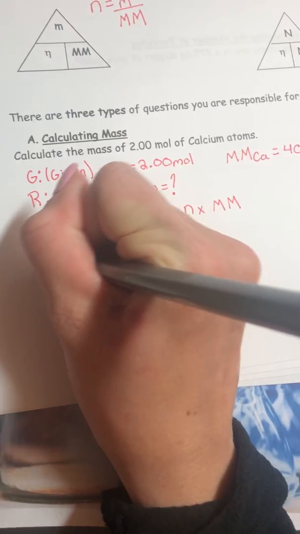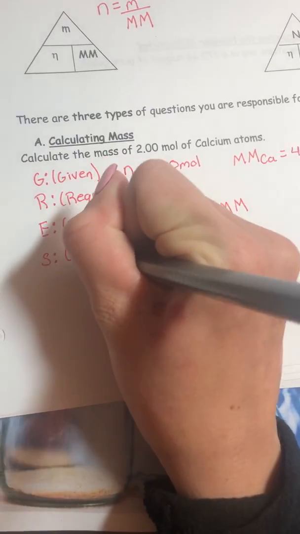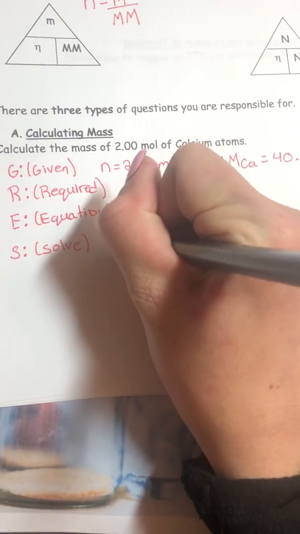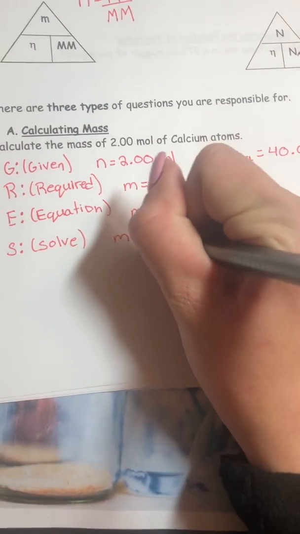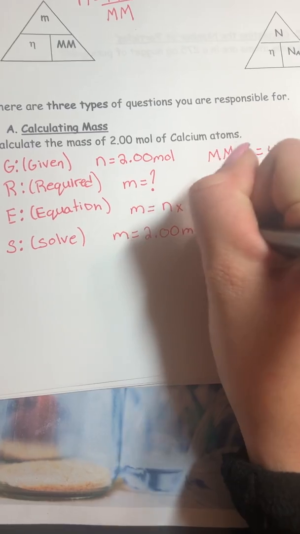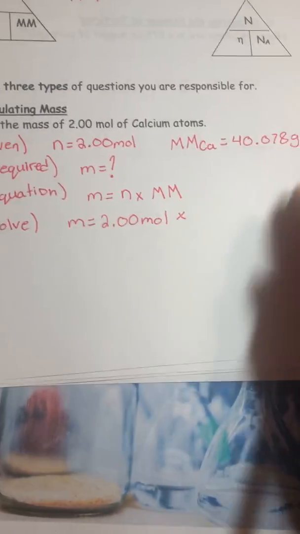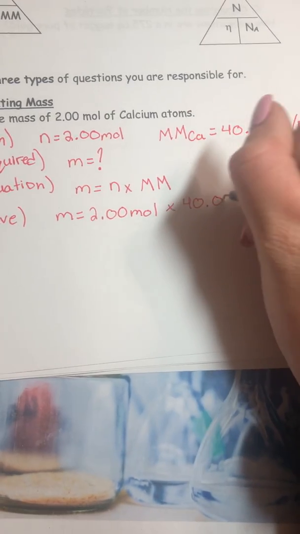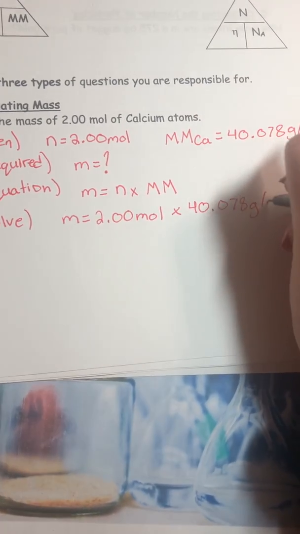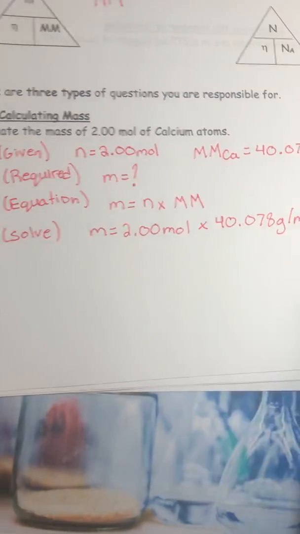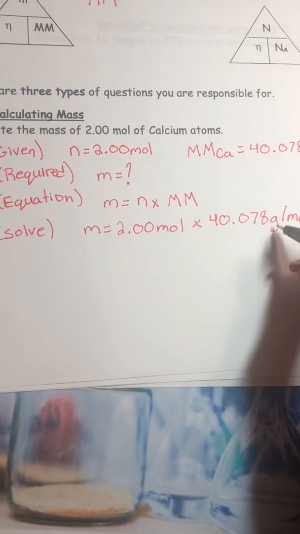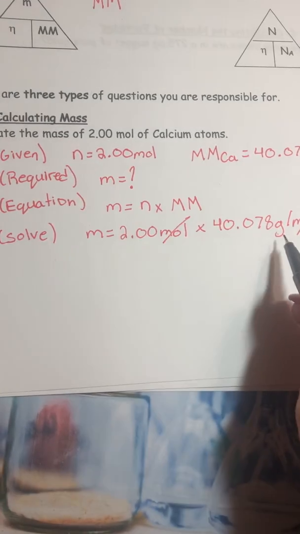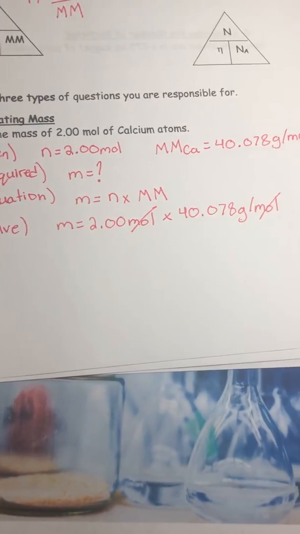Then we have S, which is solve. So we plug those numbers in. I know I have 2.00 moles, and I'm multiplying it by 40.078 grams per mole. Since this is grams per mole, or grams over mole, my moles cancel out, so I'm just left with grams, which is what I want for mass.